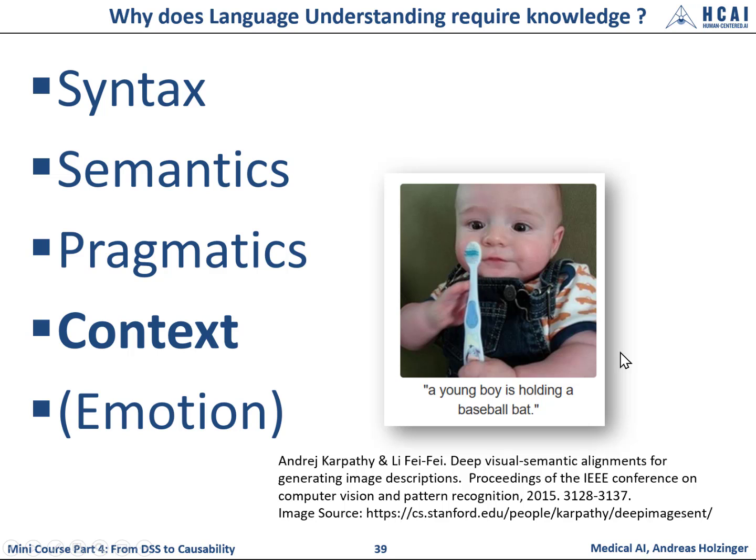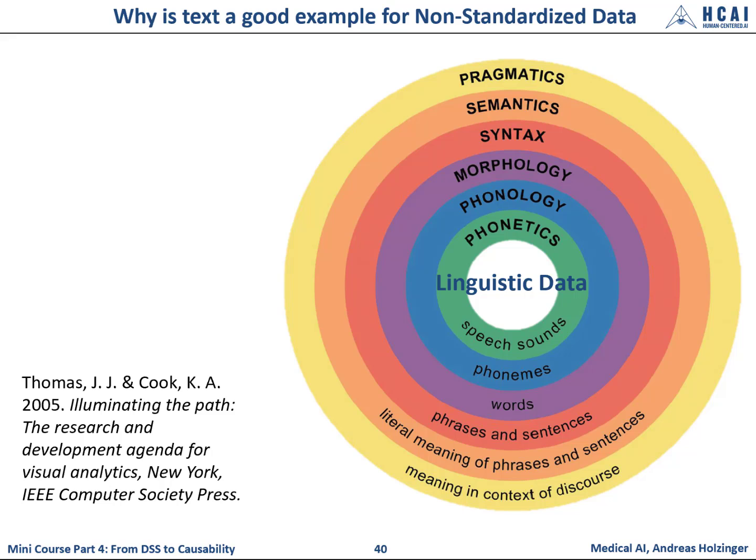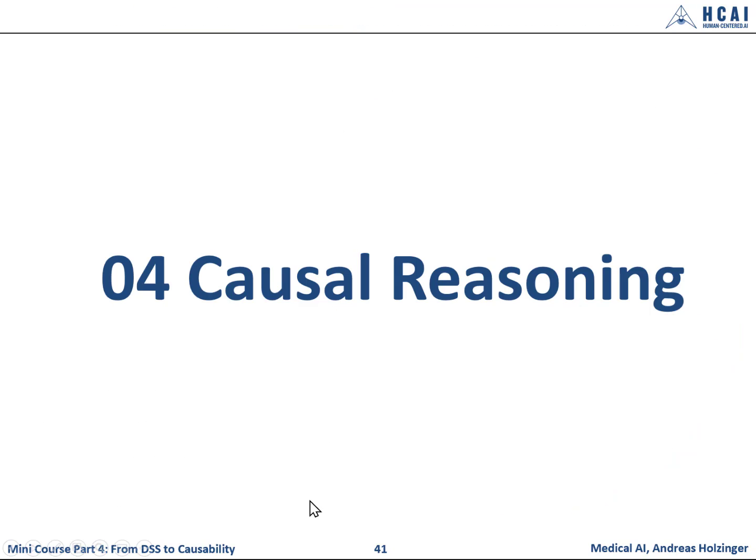So you see, these are typical contextual misunderstandings. Okay, so this is just for you to round up. Text is a good example for non-standardized data, because many factors contribute to the meaning of this linguistic data, and we will skip this and go to causal reasoning.